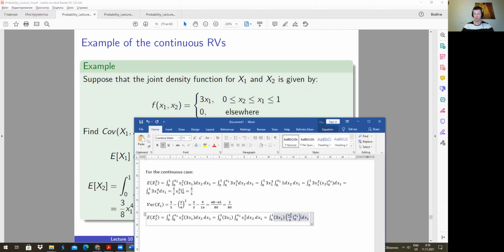Now we have the integral of 3x1 multiplied by x1 cubed over 3.